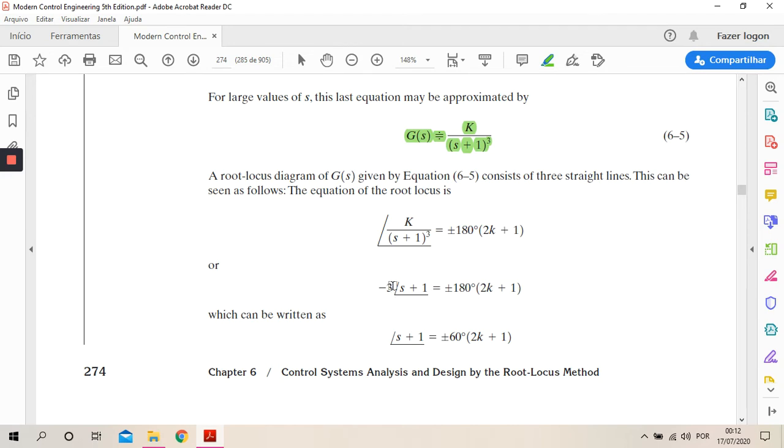We took this negative 3 here, and then we divided the number 180 degrees by negative 3.